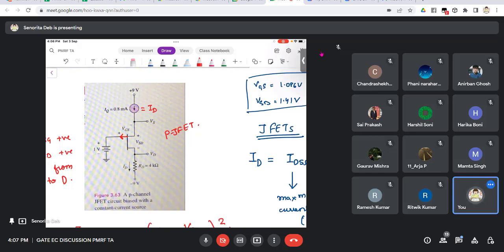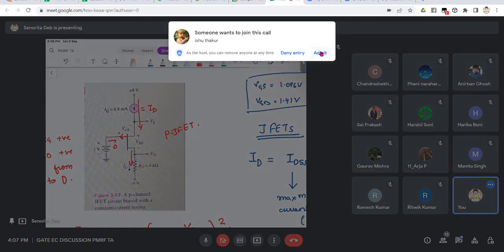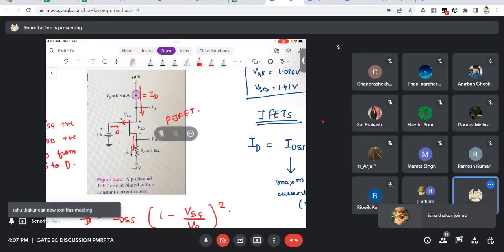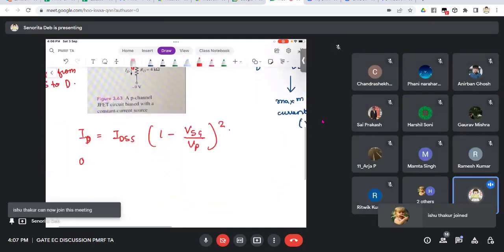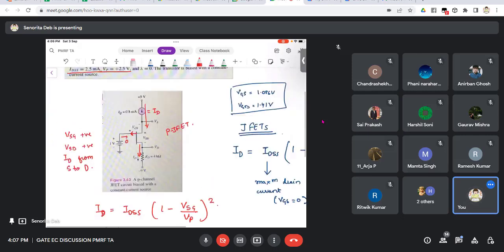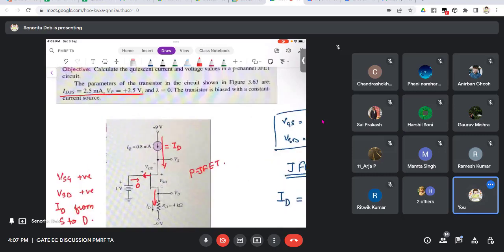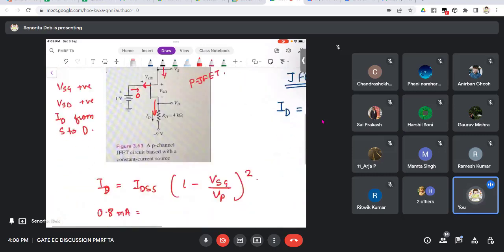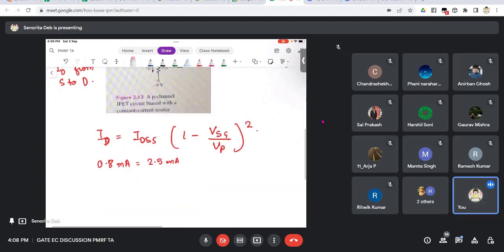So ID is 0.8 milliampere. This ID will flow from here, and this is the same ID that will flow from here, because here there is zero current, right? I had told you that you need not change all these units. Suppose this is in milliampere and IDSS is also in milliamperes, so you need not worry about the units here. So you can directly write 0.8.